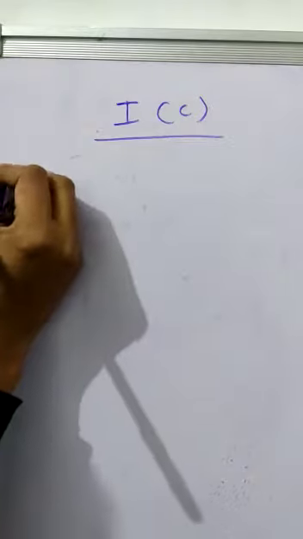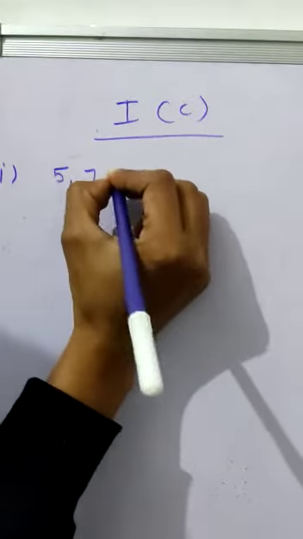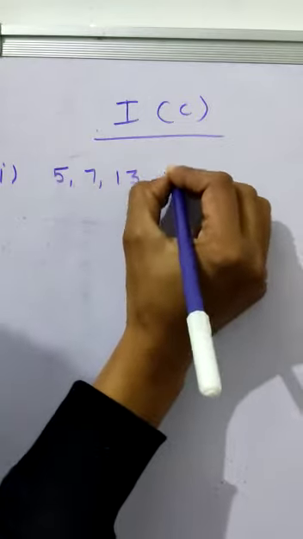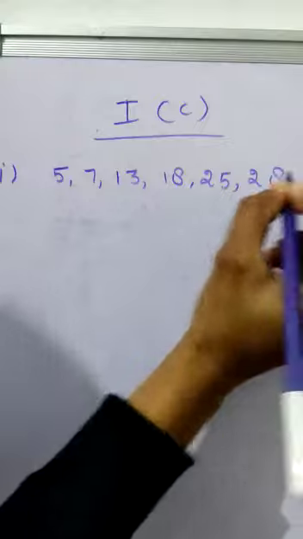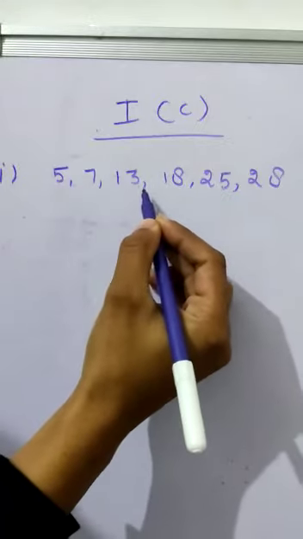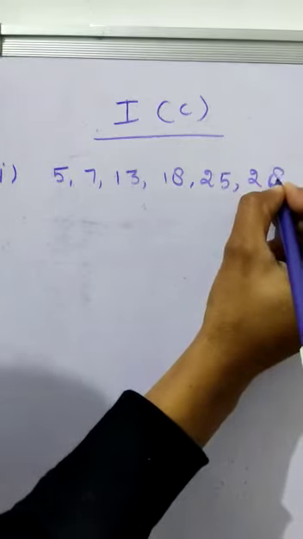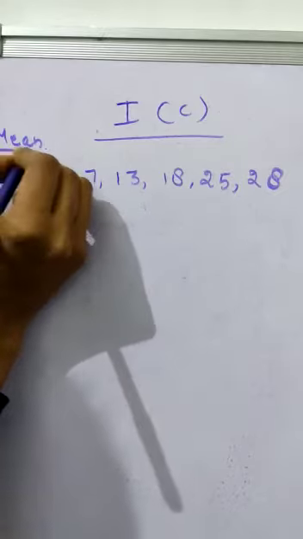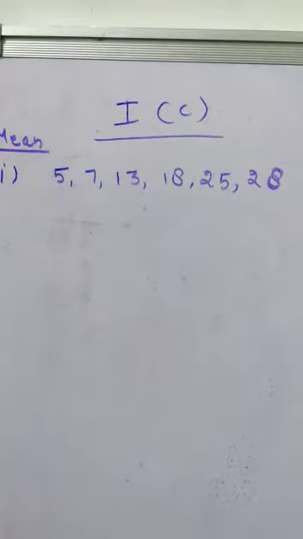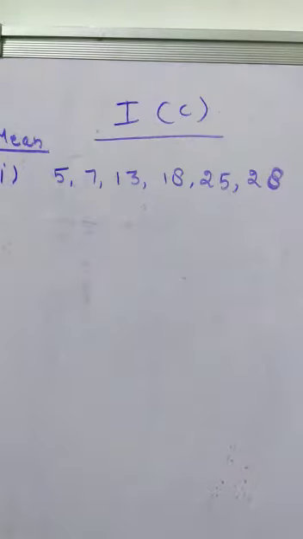So let's take question number 1. We have data 5, 7, 13, 18, 25 and 28. What we have to find is the mean. Previously we have seen that to find the mean, we have to find the sum of all observations and the number of observations.